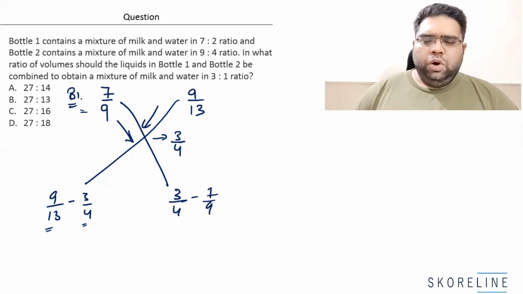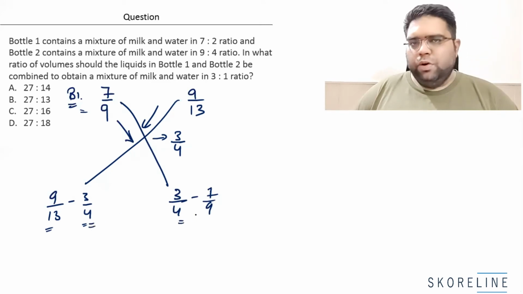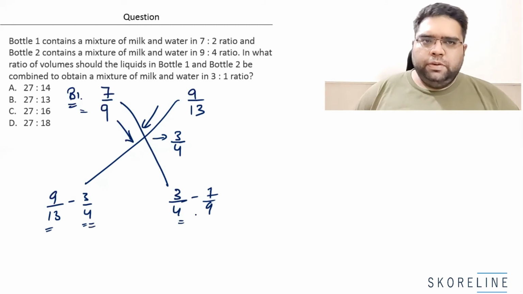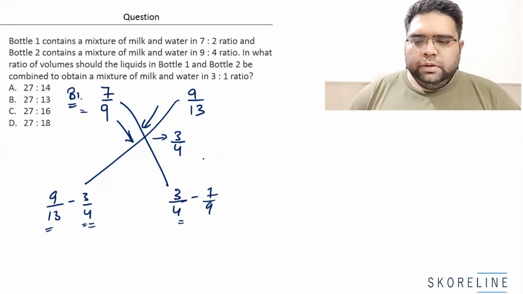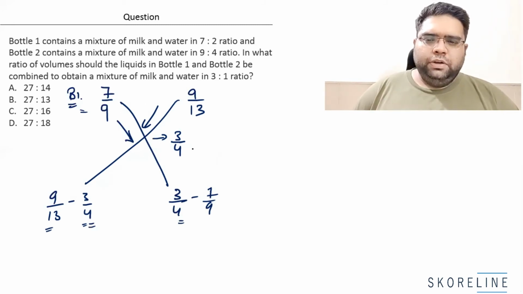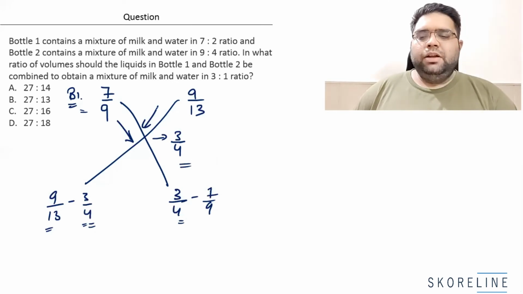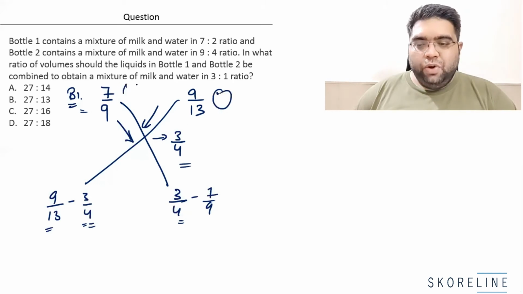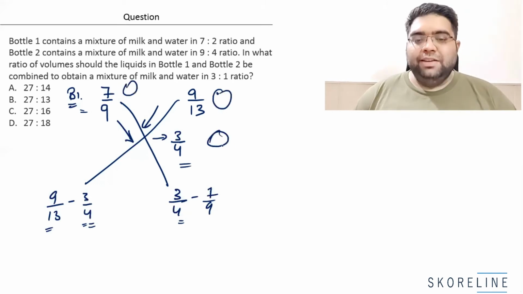We need to take opposites on both the sides. If 3/4 is getting subtracted here, then the other fraction will be subtracted from 3/4 on the other side. Just remember this, right? It won't matter if you need to find the final ratio and if you are given the mean ratio in this question. But it would matter if we are somehow not given, for example, this ratio or this ratio, and we need to find this.